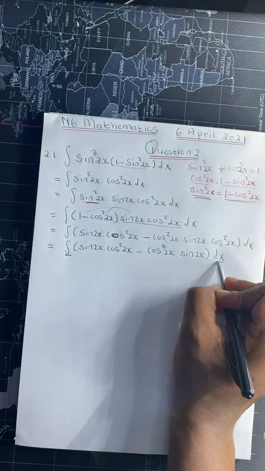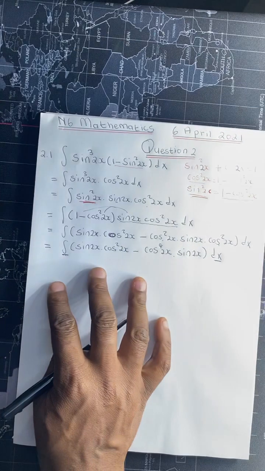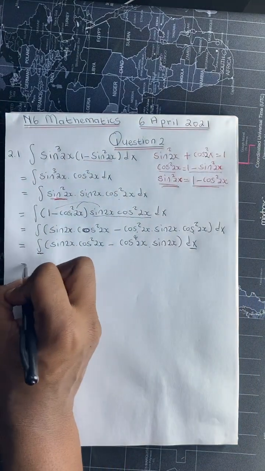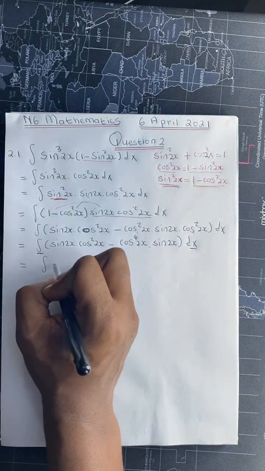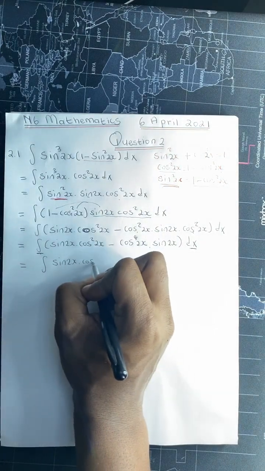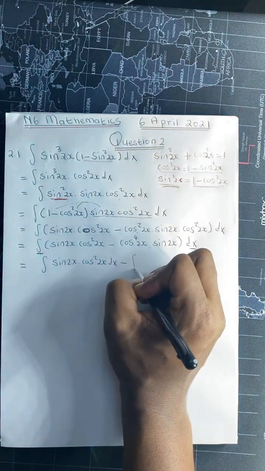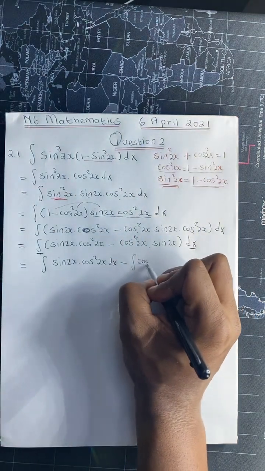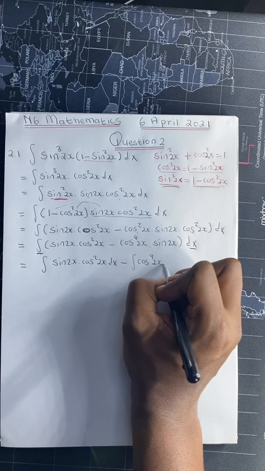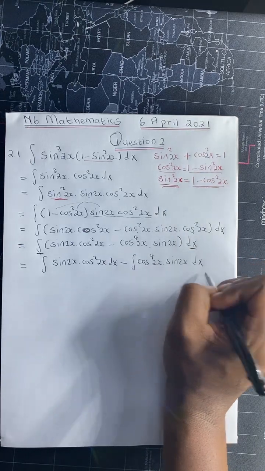Now we have to distribute the integral sign and the dx inside the parentheses, and this will be the integral of sine 2x cos squared 2x dx minus the integral of cos to the power 4 2x sine 2x dx.